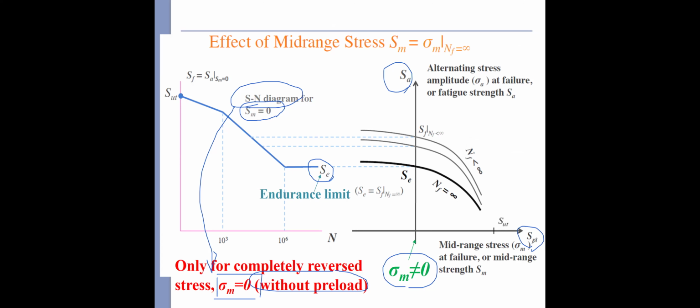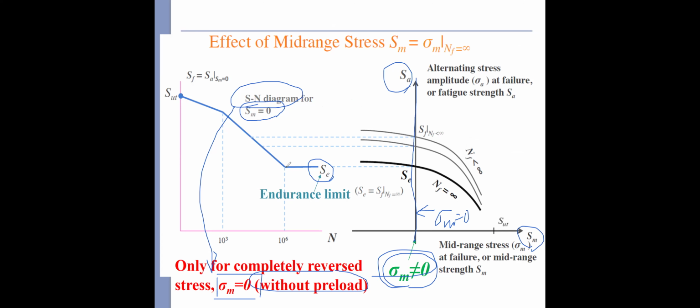And we can map this SN diagram onto this SA and SM diagram, where the y-axis represents sigma m equals 0.